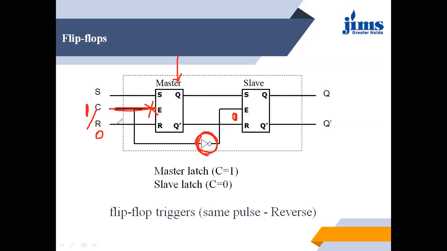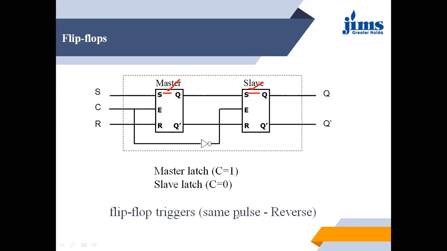And when I am giving a 0 at this clock pulse, then I get a 1 at the other, which means in this case only the other flip-flop works. So in a master slave flip-flop there are two flip-flops, but at a time only one flip-flop works. This is the reason it is called master slave flip-flop: at a time either the master works or the slave works.